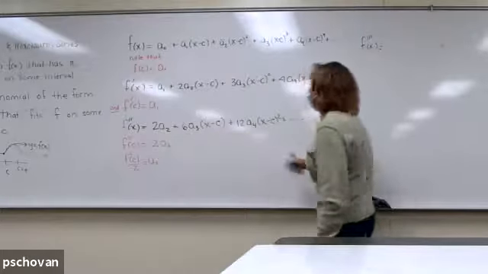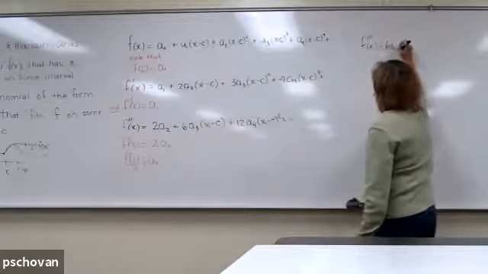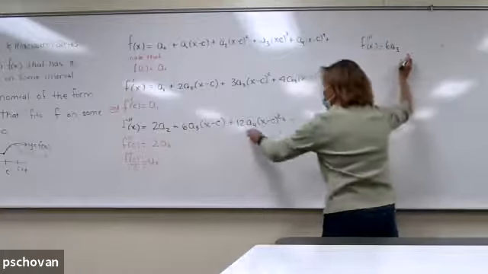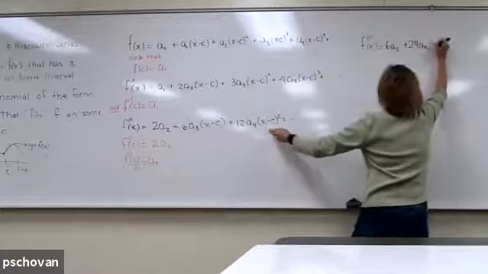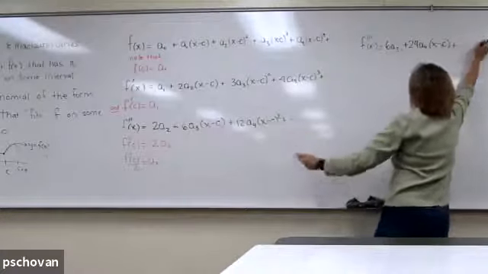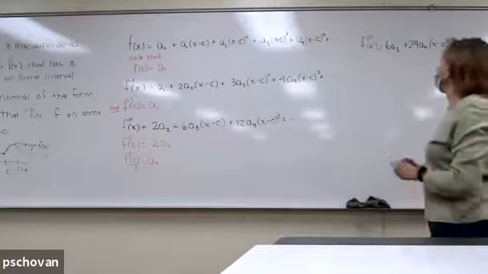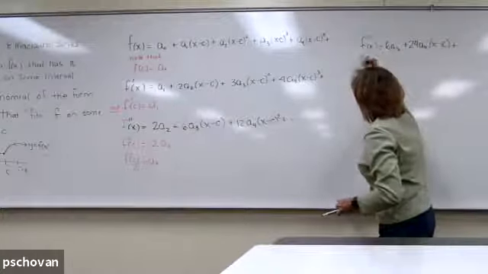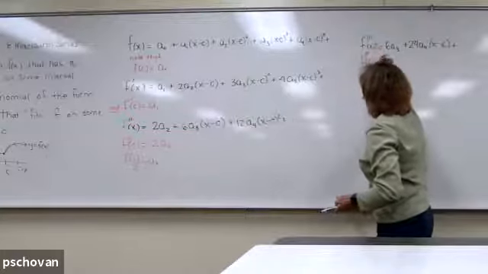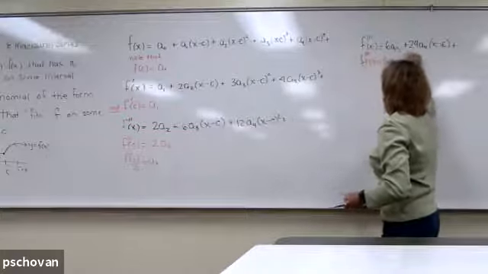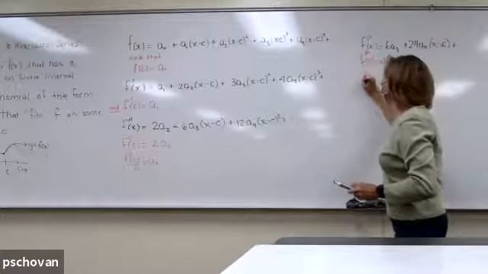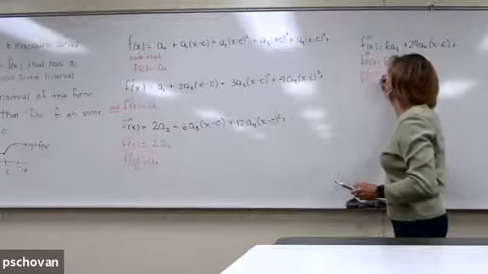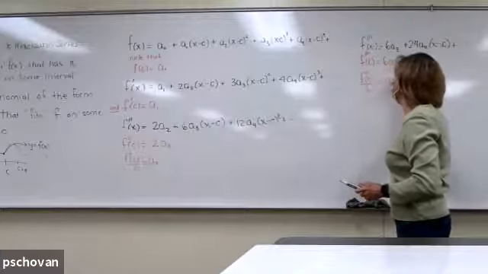The derivative here just leaves me 6a3. The derivative of that gives me 24a4 times (x minus c) to the first. And then I have higher order terms. But when x is replaced by c, I just get 6a3. All of these others will have an x minus c on there, so when x is c, they're all 0. So that says that a3 is the third derivative at c divided by 6.